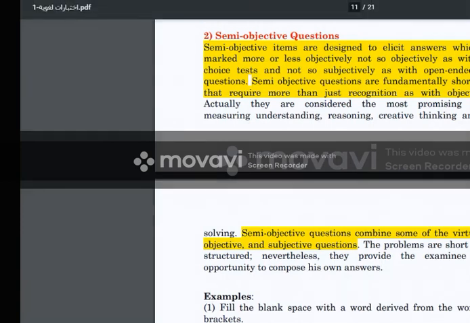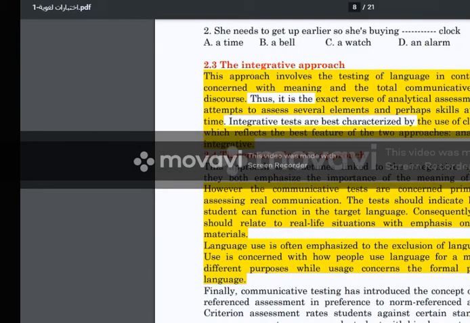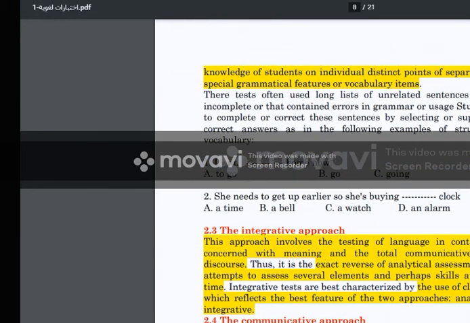Objective items is the type of item which is asked in such a way that there is only one correct answer in the item.